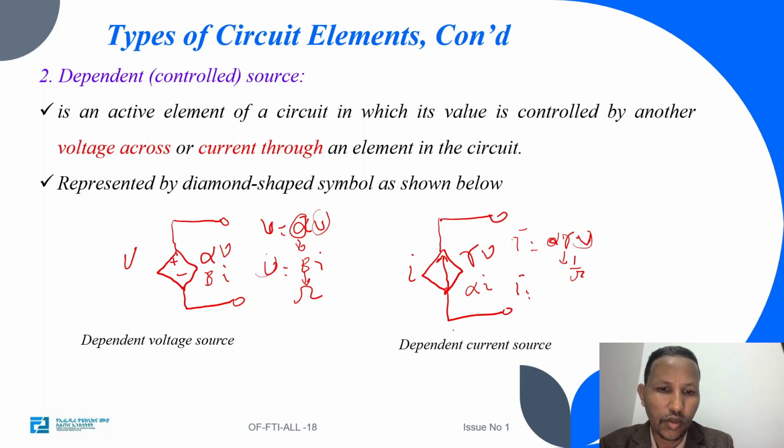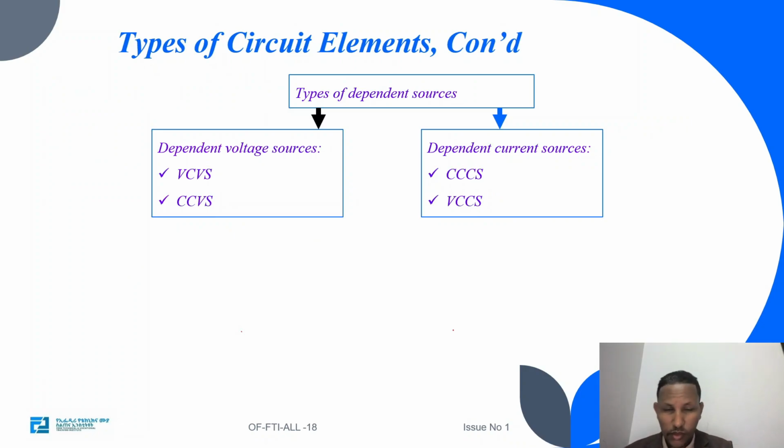When I equals alpha I, the unit for alpha is dimensionless, and the current flowing through another part of the circuit will affect this current. That's how we consider dependent voltage and dependent current sources.